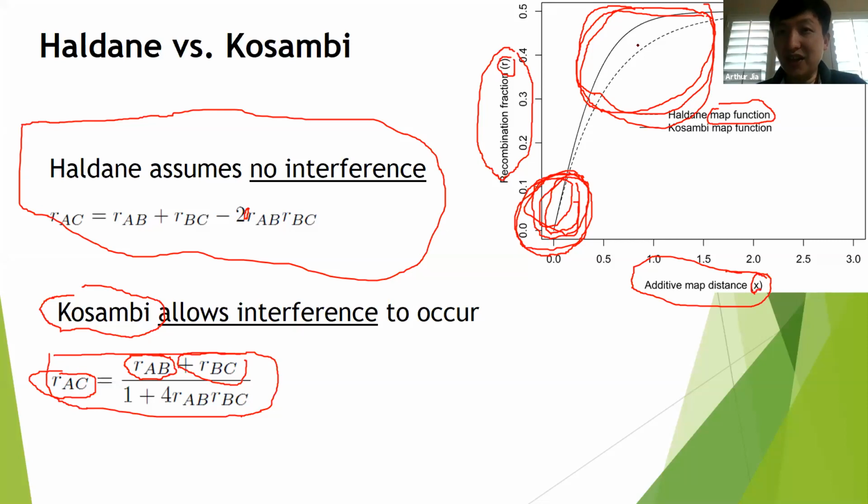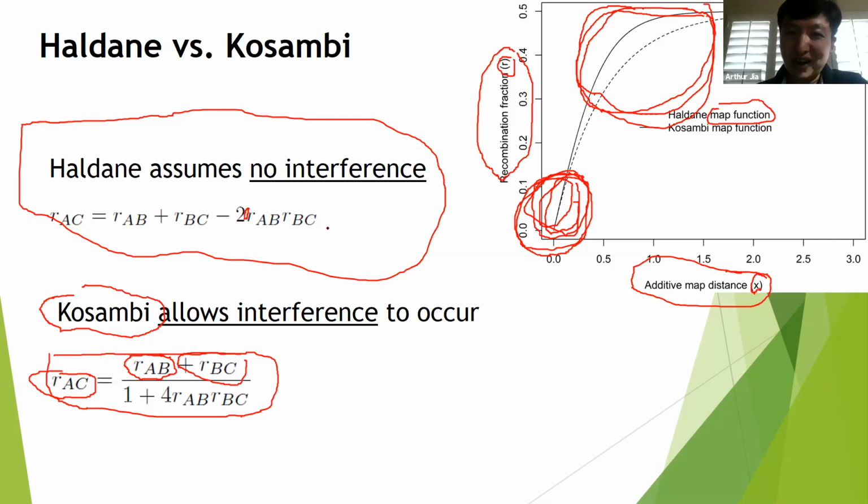That's why we see the difference between these two map functions, right? This could be a question showing up in your final exam. So let me know what's the difference between these two versions of the map function.